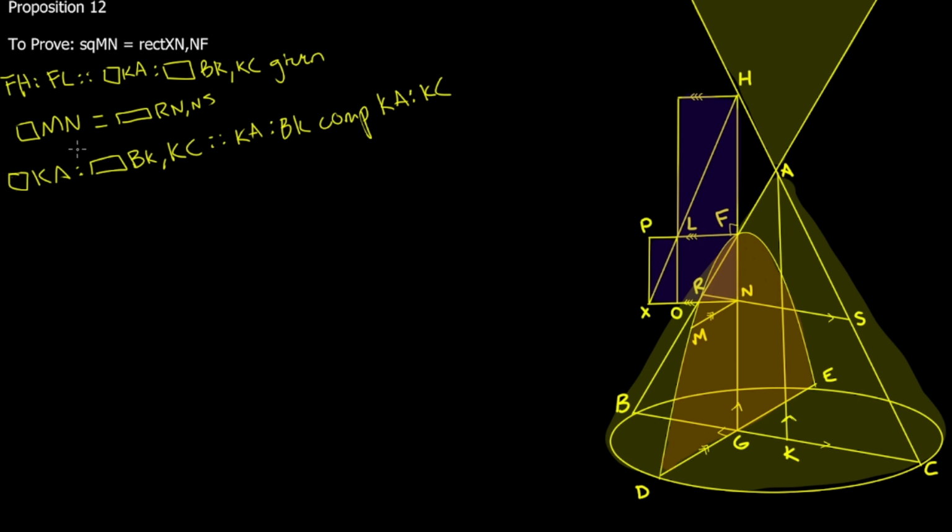And so, since these terms are the same as these terms, we're going to substitute. We're going to do FH to FL is KA to BK compounded with KA to KC.